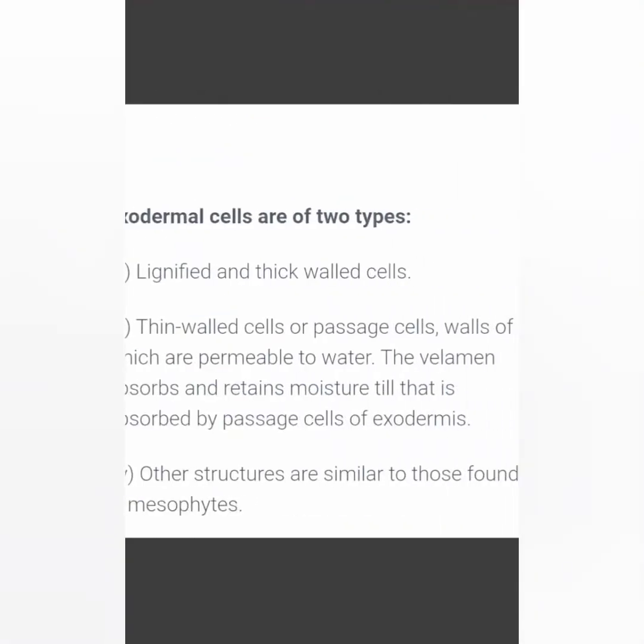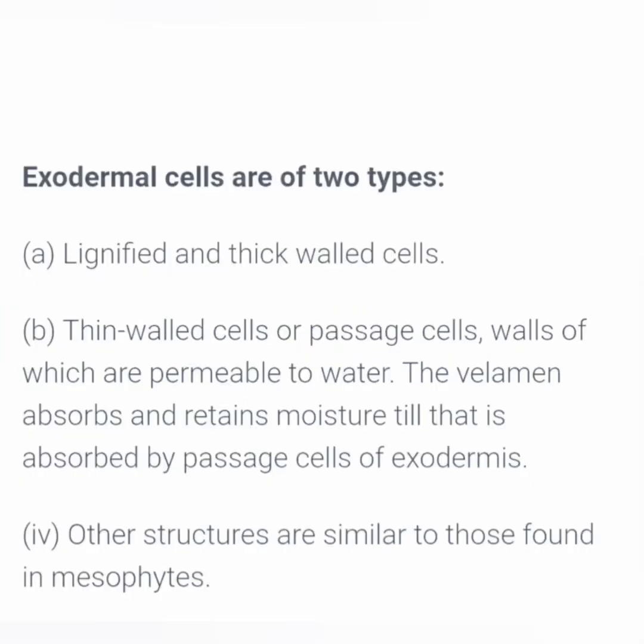So these are some of the anatomical characteristic features of the epiphytic plant. You can see these exodermal cells are of two types. The first type is the lignified and thick walled cells, and the second type is the thin walled cells or passage cells. Why are they referred to as passage cells? Because their walls are permeable to water. The water can pass through, and the velamen absorbs and retains moisture until it is absorbed by the passage cells of the exodermis.